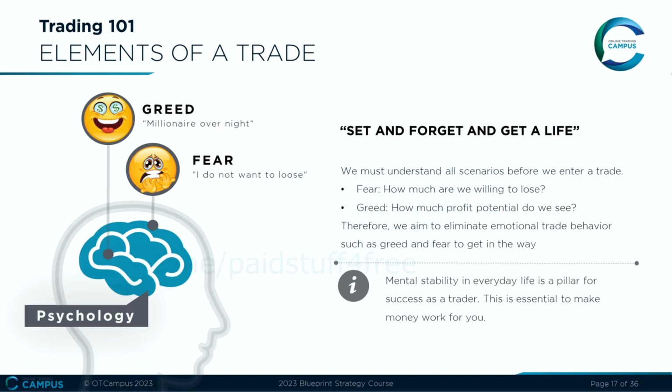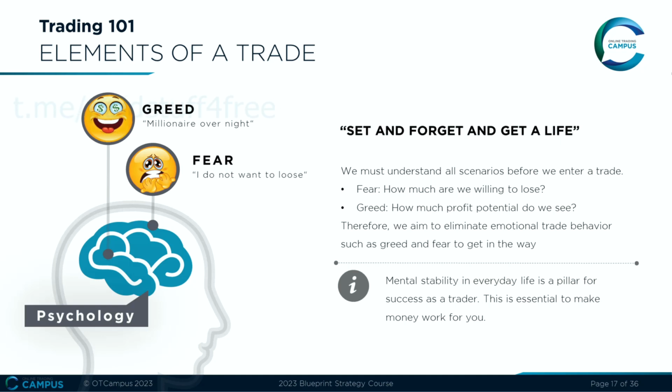The better interpretation of set and forget is not to completely forget about the trade, but to manage the risk and manage the reward and manage the trade efficiently enough so that after taking a trade rationally, your emotions will not interfere with the decision-making process that you had undergone rationally before, just because you see certain numbers on the screen.